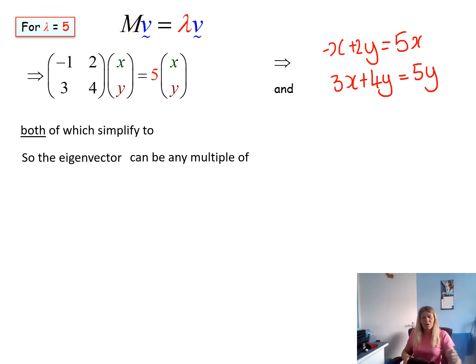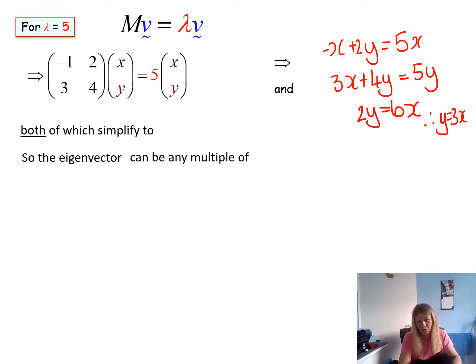If you were to rearrange those two equations, what would that give us? Well, the first one will give us 2y equals 6x. Therefore, y equals 3x.